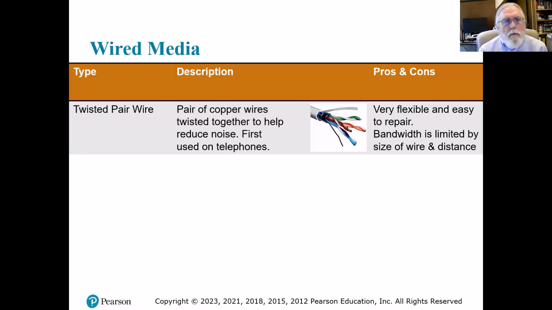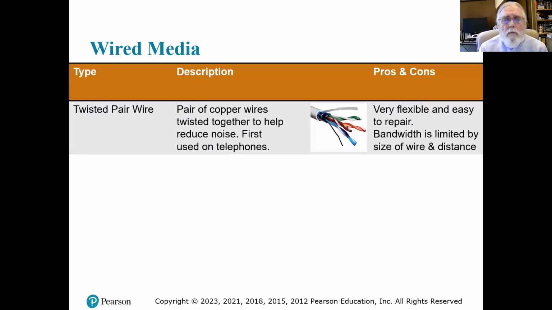This was first developed to use with telephones. And it's nice, simple cable. It's your traditional network cable, let's call it a Cat6 cable, that you use when you plug your computer into a jack on the wall. This picture shows there are 4 pairs of wire in the cable.